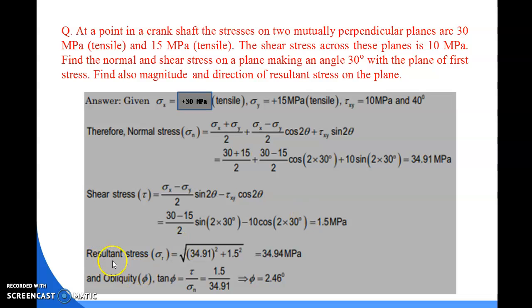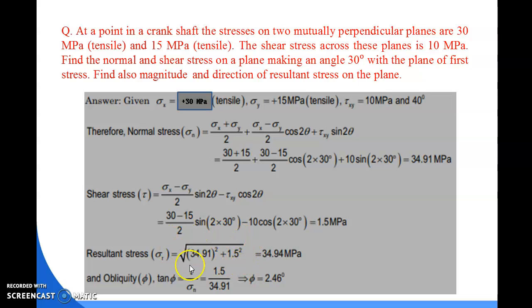Now comes the resultant stress. The resultant stress, denoted sigma r, equals the root of normal stress square plus tangential stress square. We got the normal stress as 34.91 and the tangential or shear stress value as 1.5.